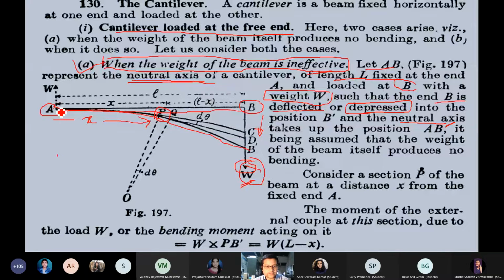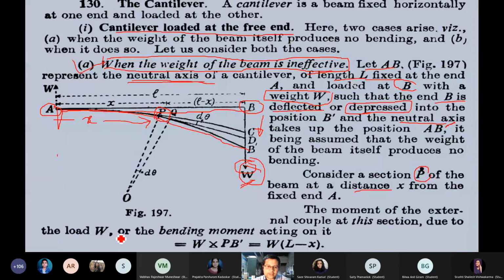Original position means the fixed support, that is end A. So we consider this section P, located at distance x from the fixed end A, and the moment of the external couple at this section.